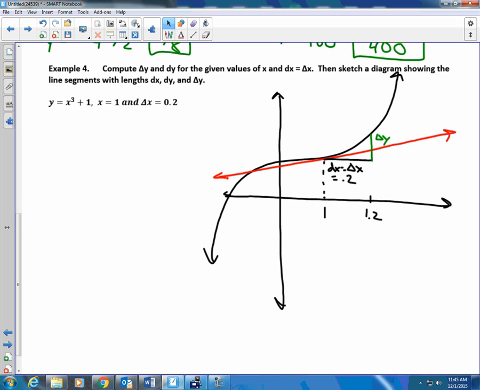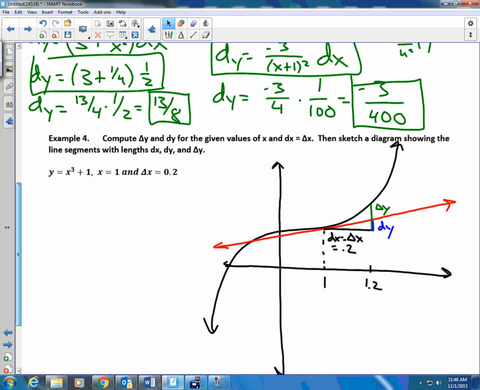Because delta y represents the change in the function, not the derivative. Okay, so dy is going to be that. It's going to be the vertical change in the linearization. So delta y you draw to the function, dy you draw to the line.